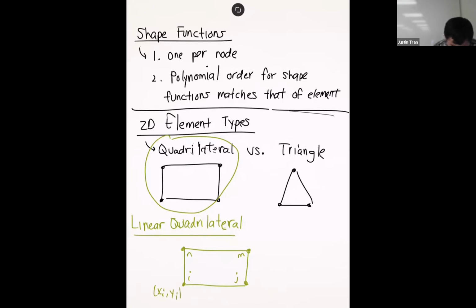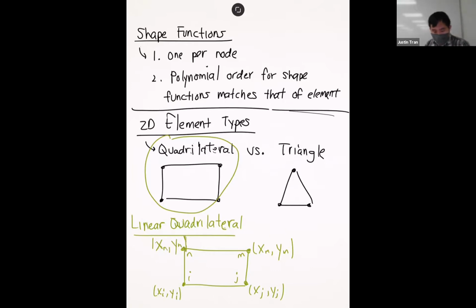The coordinates for node I are xi, yi; for node J, xj, yj; for node M, xm, ym; and for node N, xn, yn.